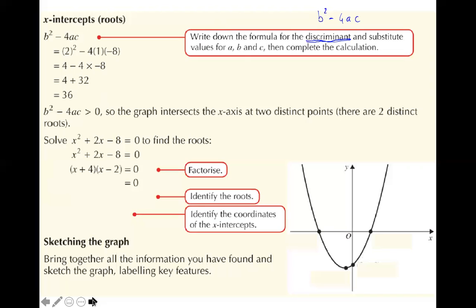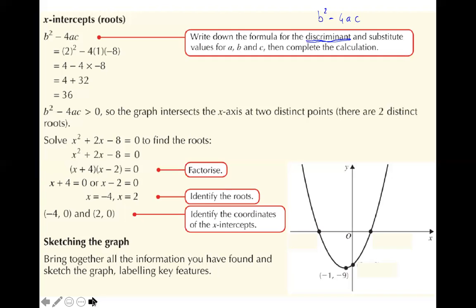Then we factorize x plus 4 times x minus 2. So you've got x plus 4 equals 0, which is x equal negative 4, and x equal 2. So these are my 2 points here, what we call our roots. So to sketch the graph, we've got everything we need.